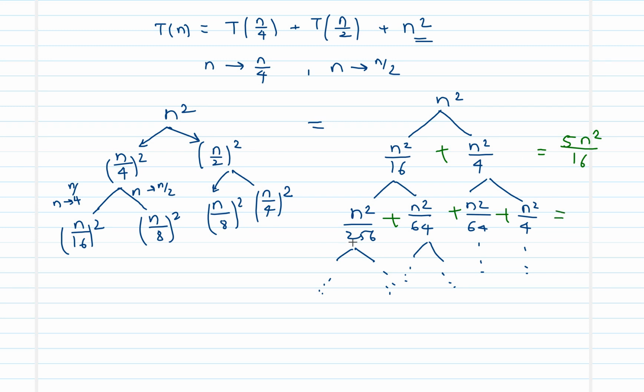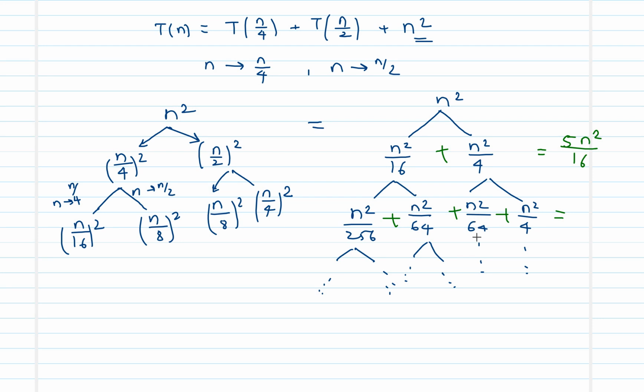At level 2 I have to make the base 256. So if I make the base 256, I get n square by 256 plus this one, 64 into 4, I guess, right?